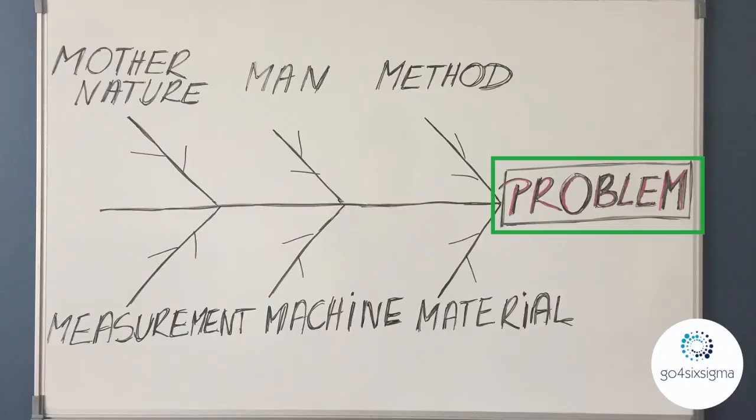The problem is on the project charter, and the same problem you are now going to move from the project charter to the head of the fish, the place on the fishbone diagram where you have a problem area.